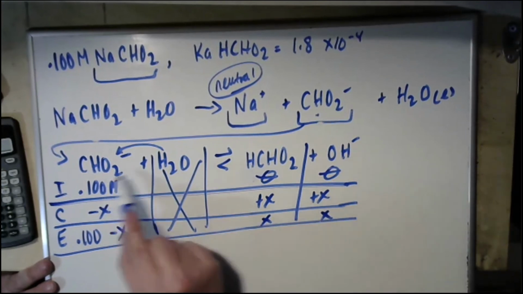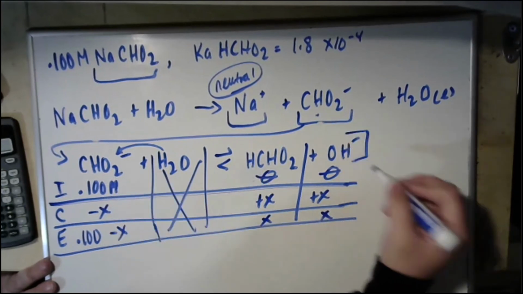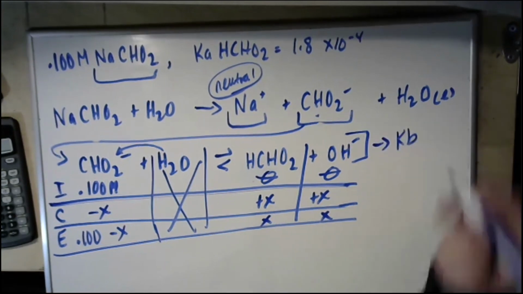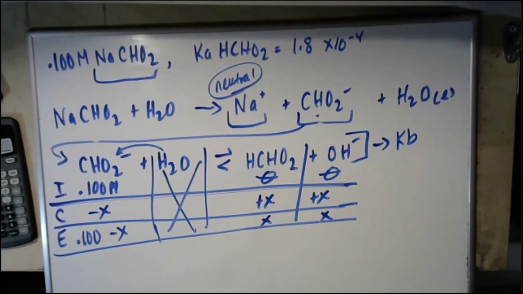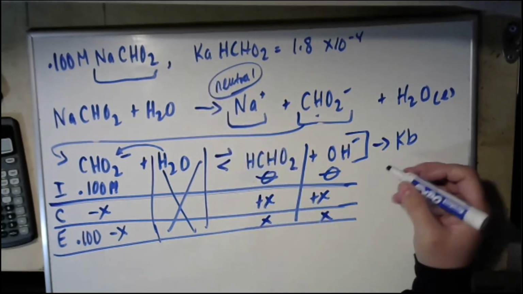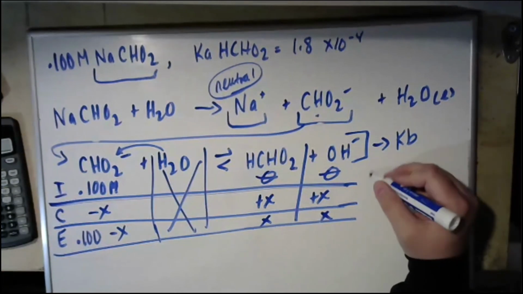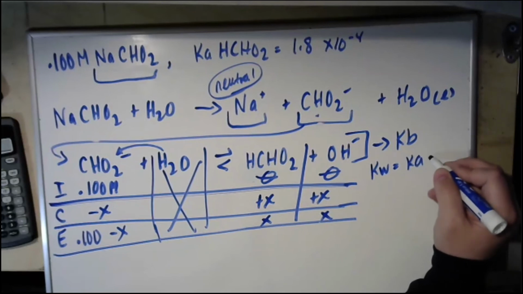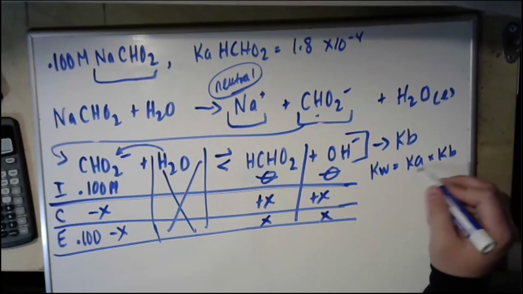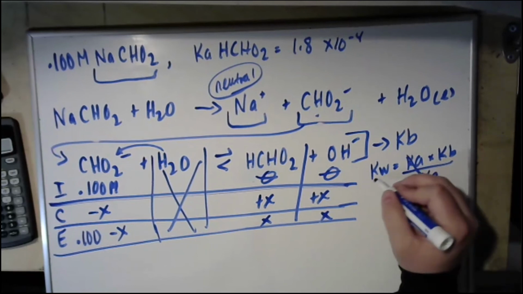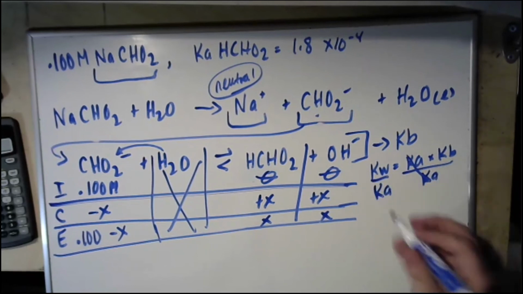Okay, I'm looking at this reaction right here and I see that I have a hydroxide ion as one of my products. So I know I'm going to need a Kb value to solve this. I was given a Ka value, so I'm going to need to find the Kb value from that. So Kw equals Ka times Kb. So divide both sides by Ka.